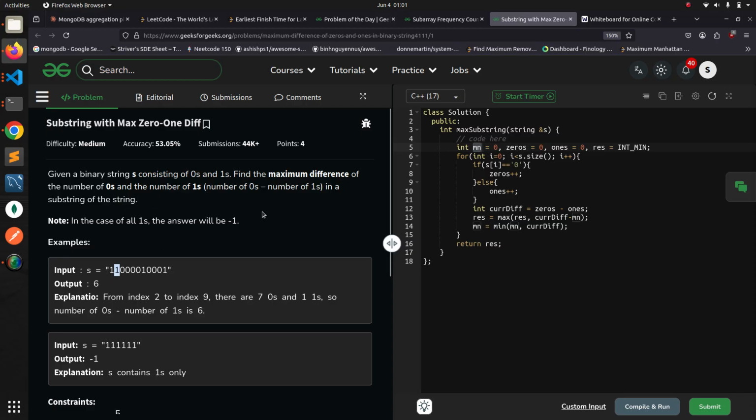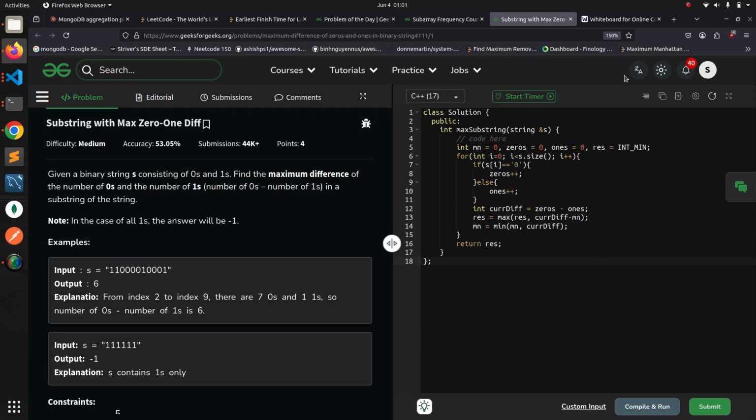So the difference at that time was 0 minus 2, which is minus 2. So mn will be minus 2. So currently, if I am standing at this index, the current difference minus the minimum will be 4 minus minus 2, which is 6. So my res will become 6.